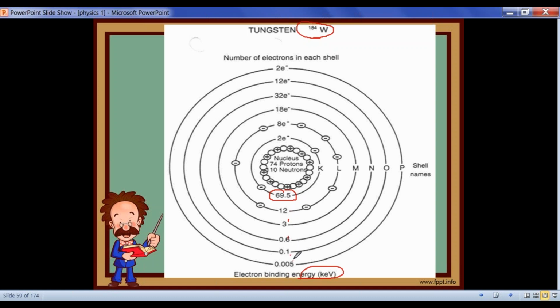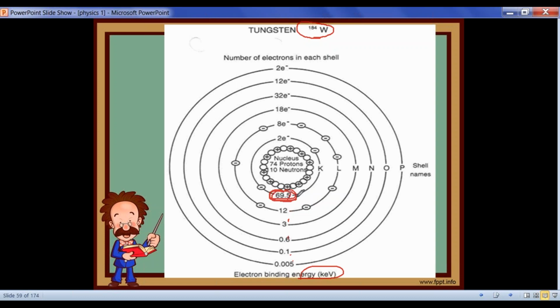So, iba-iba po yan. So, yun po yung ibig sabihin ng electron binding energy, kung gaano kalakas ang kapit niya dito. The strength of attachment. And another definition kanina is the energy required to remove the electrons from its shell.